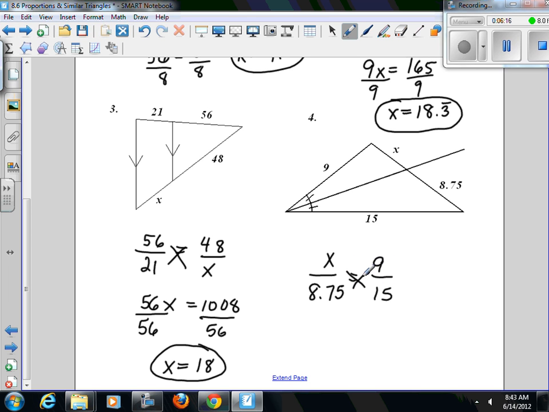And let's go ahead and cross multiply. x times 15 is 15x. And then we have 8.75 times 9, which gives us 78.75. We need to divide everything by 15. And we end up with x is equal to 5.25.